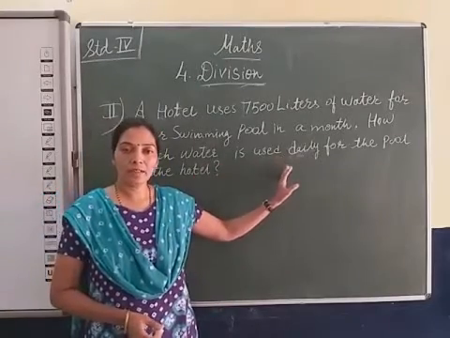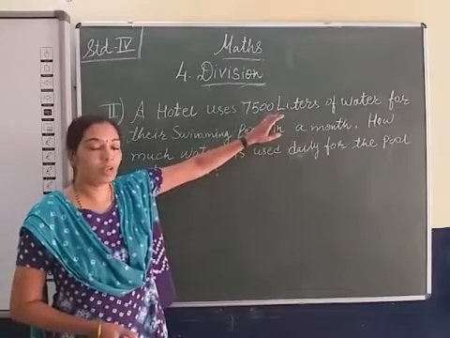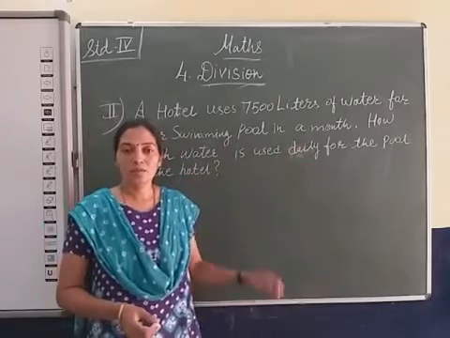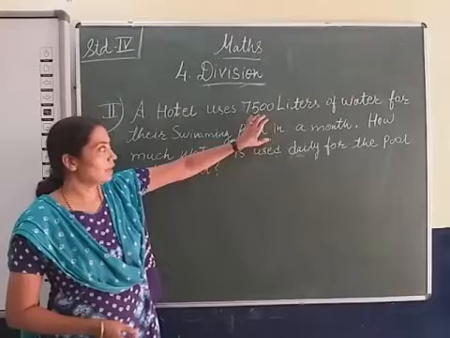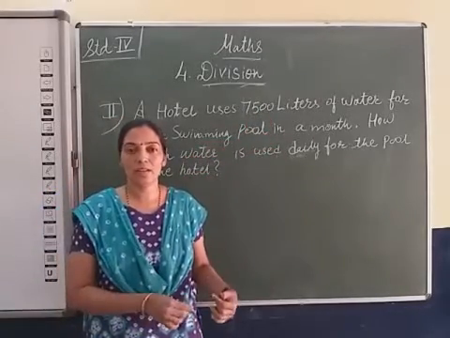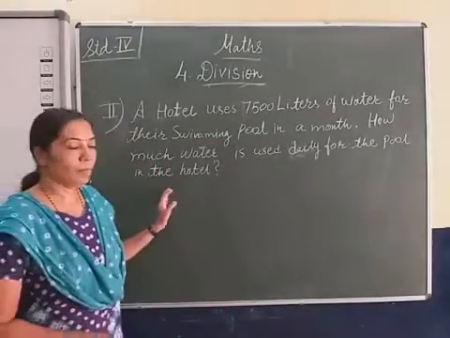Why do we divide by 30? Because this liter amount is given for the month. The 7,500 liters of water were used in a month of 30 days, so we find out for a day. Let me put the statement.